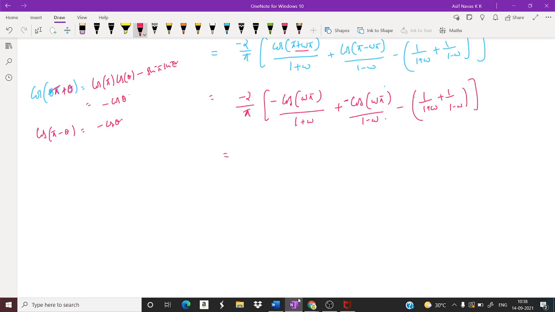Okay, so you can take the minus signs, they cancel out.